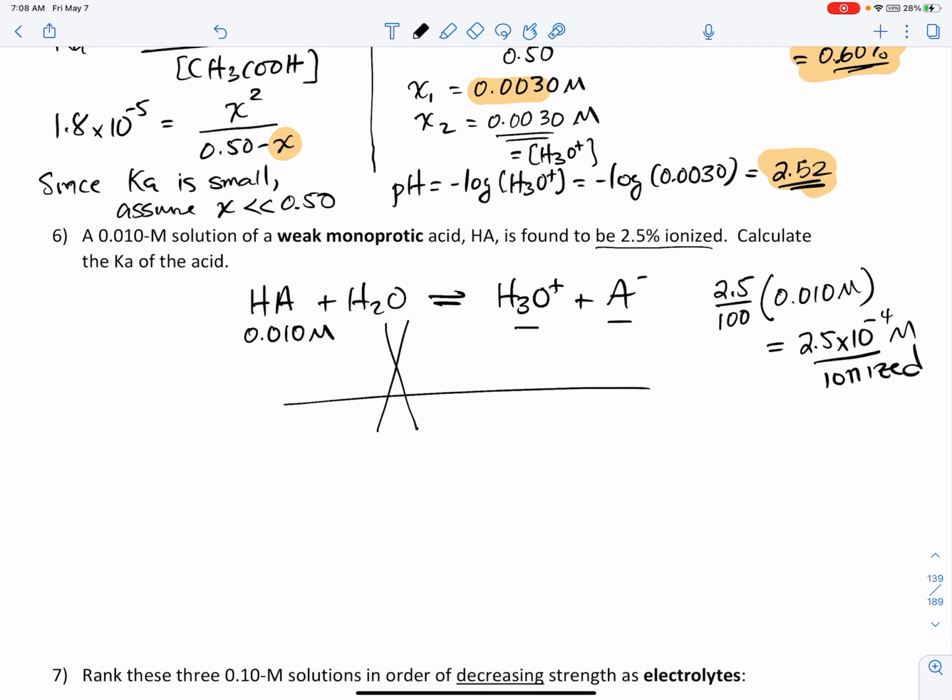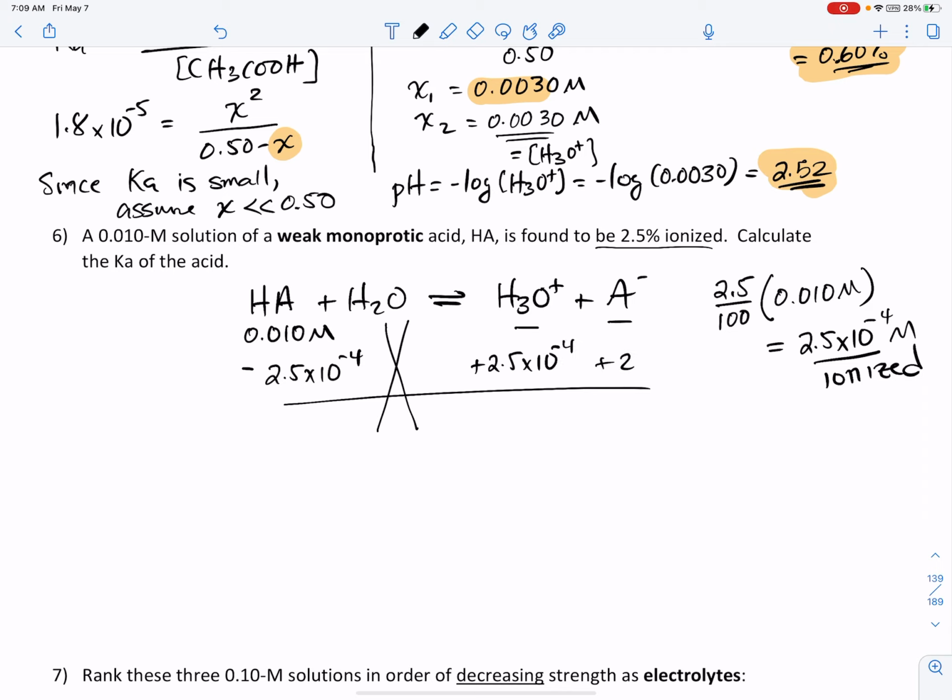So what do I do with that? Well, in my ice table, this is how much ionized, so this is how much we lose, 2.5 times 10 to the minus 4. Now you can fill in your table and go ahead and calculate Ka. So these guys will gain 2.5 times 10 to the minus 4.